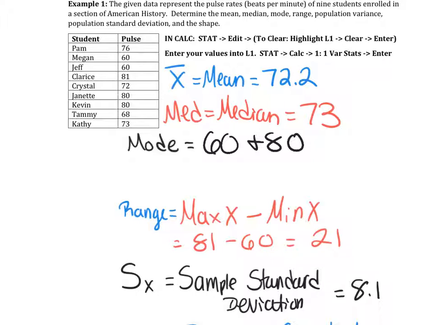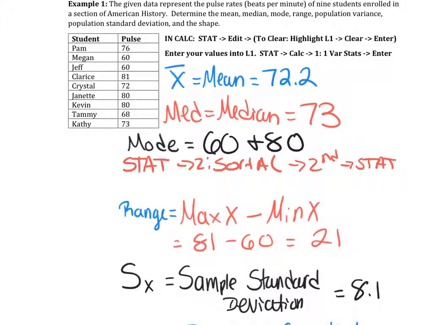So if you hit stat, everybody do this in your calculator, hit stat, go down to the second option, which says SortA, hit enter just once, so it pops up on your screen and then your cursor is blinking right next to that parenthesis. Then hit second stat, and select L1, so hit enter.